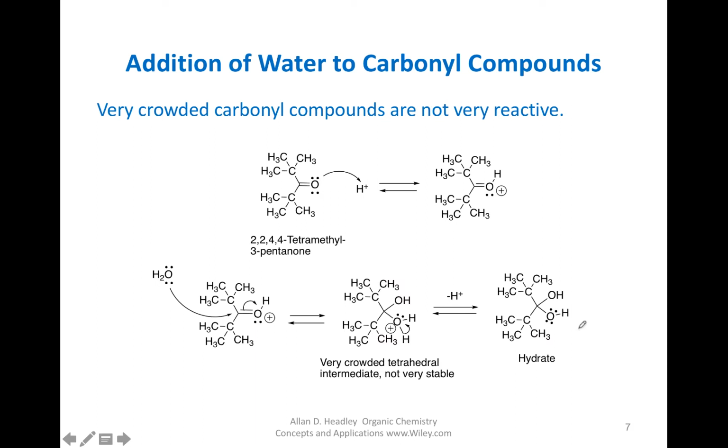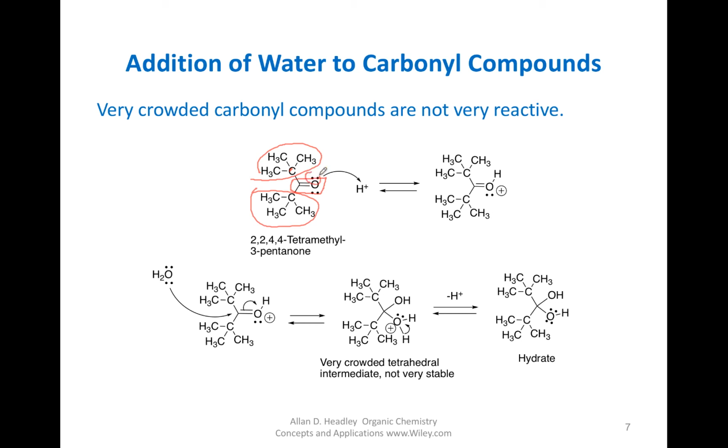Let us see how we can use the mechanism to better understand certain outcomes here. So let us look at this molecule. Here's a carbonyl, and it has very bulky groups around the carbonyl. On this alpha carbon here, there are 3 methyl groups. Same here, 3 methyl groups. So let's look at the mechanism.